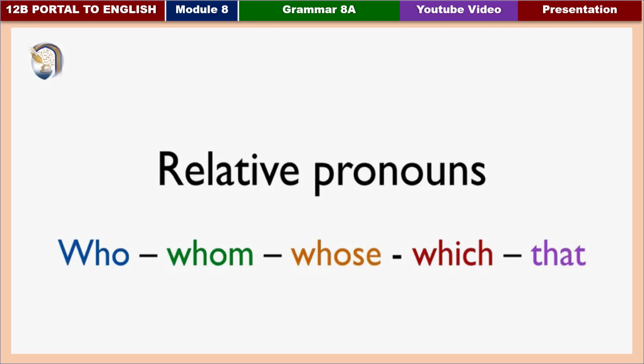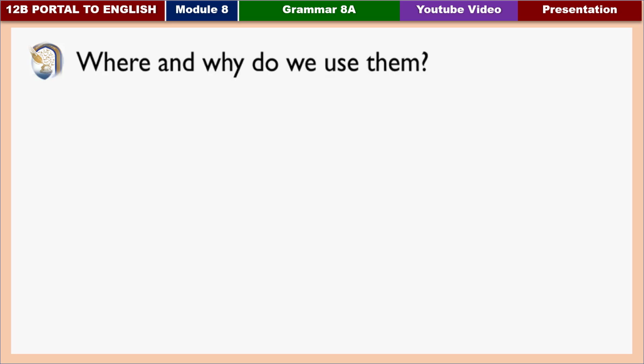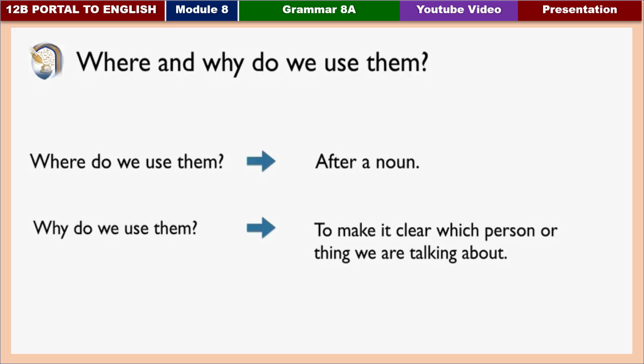Who, whom, whose, which, that. Let's have a look at where and why we use relative pronouns. We use relative pronouns after a noun. And the reason why we use them is to make it clear which person or thing we're talking about.